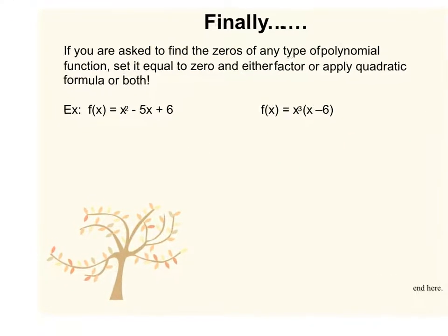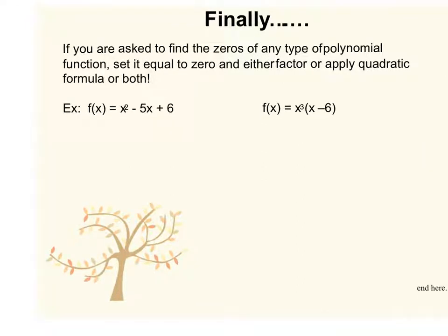Last thing, just one final note here that when you're dealing with polynomials and we want to find their zeros, factoring or using the quadratic formula, okay, is a common technique here. I got this quadratic right here. And this is just kind of a review of some of the work we've done with quadratics.